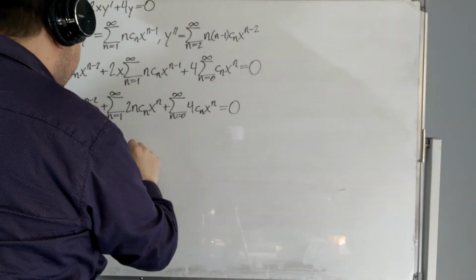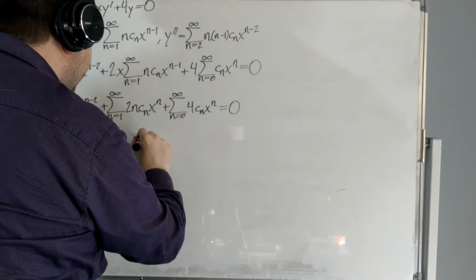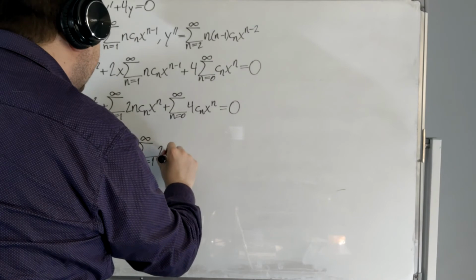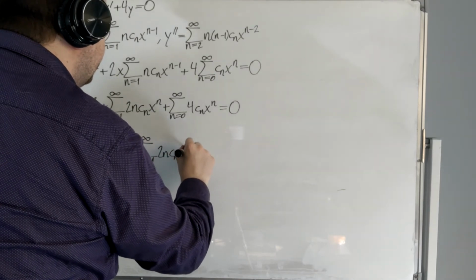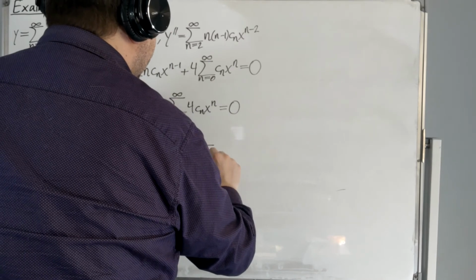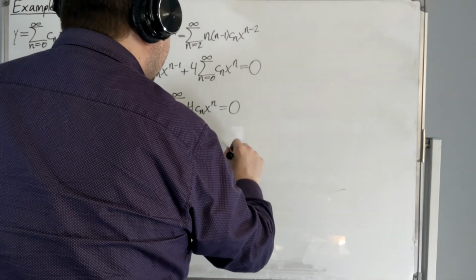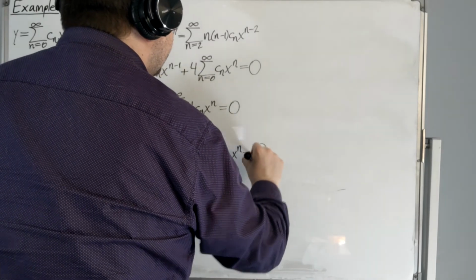And then the rest of these remain the same. So the sum from n equals 1 to infinity of 2n cn x to the n, plus the sum from n equals 0 to infinity of 4 cn x to the n, this equals 0.